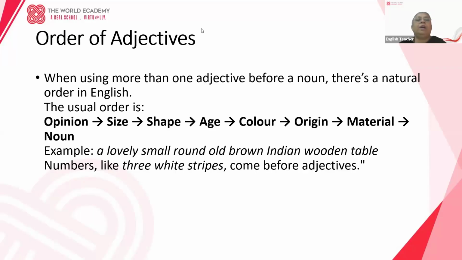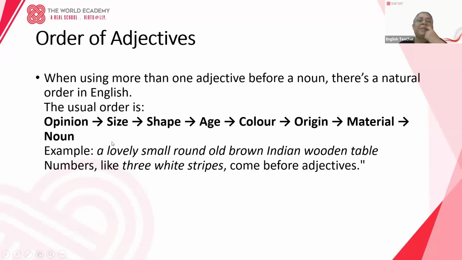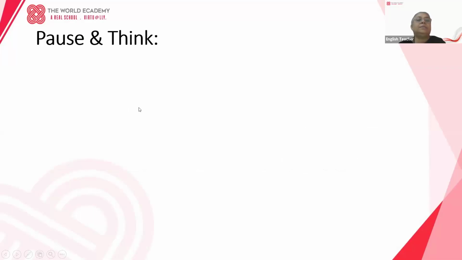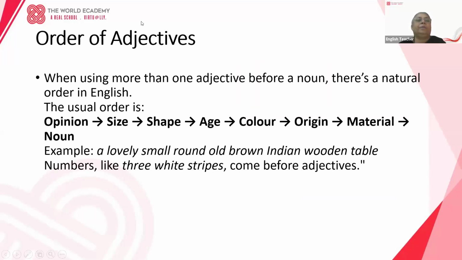You really have to understand the way you're supposed to use it. Opinion, size, shape, age, color, origin, material, noun. Now there's an example. A lovely, because that's my opinion, it's a lovely. Small, when I talk about the size. Yes, opinion. This is my opinion, right?